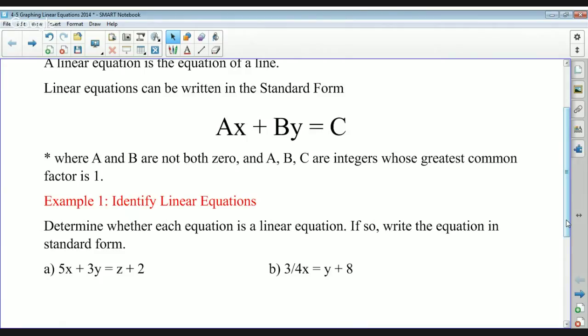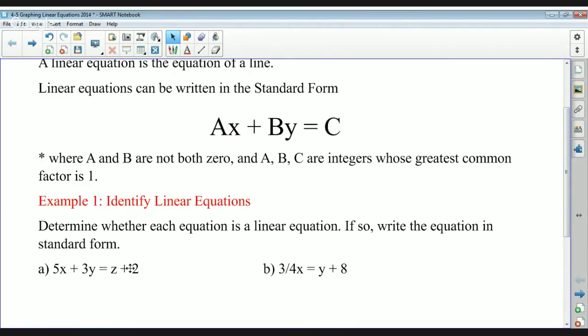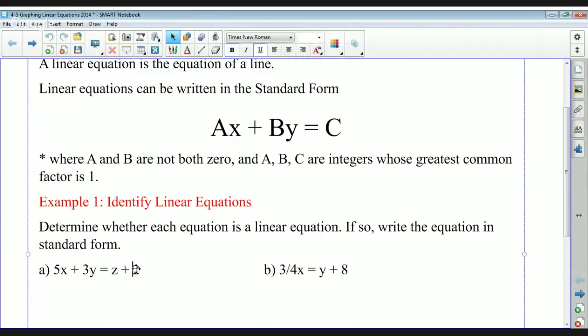So if we look at example A, down here in the bottom left-hand corner, it's highlighted for you. 5x plus 3y equals z plus 2. So if you take a second, look back up at the standard form of Ax plus By equals C, does this form in example A match the standard form up above that's bold?